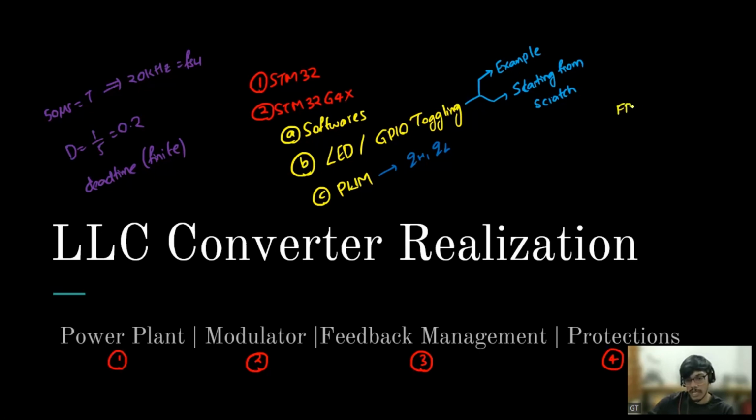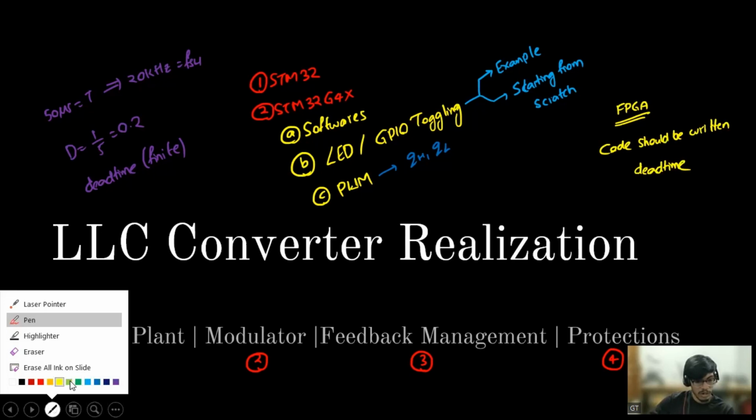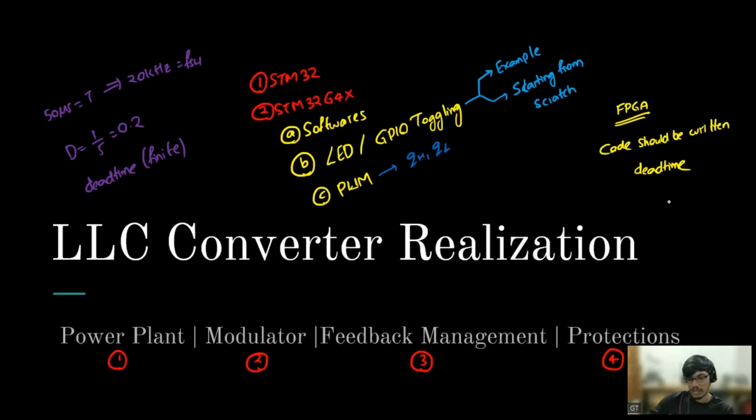In an FPGA, code has to be written for the dead time, and we have to write the code accordingly, and then it will be reflected. Whereas in the case of a microcontroller, you have to provide the dead time value and the switching frequency accordingly.